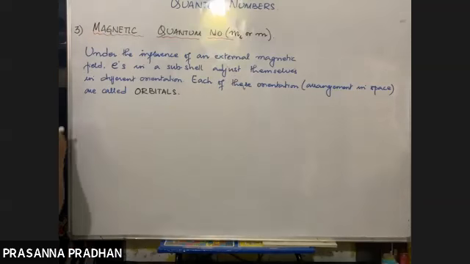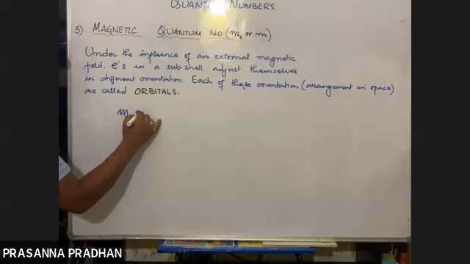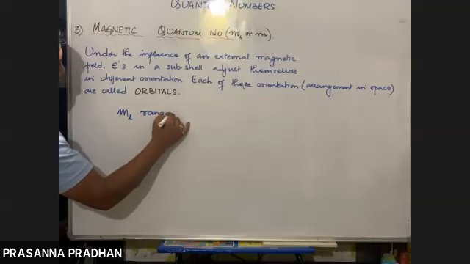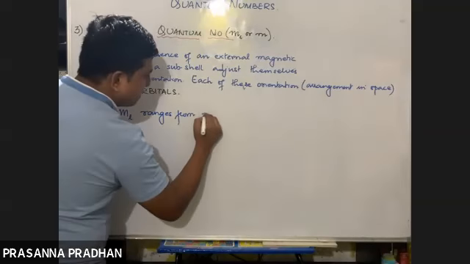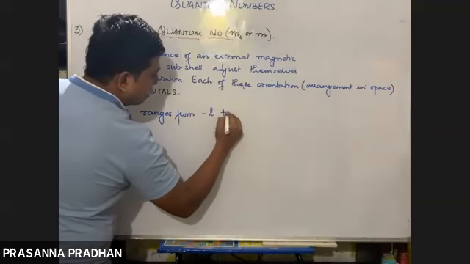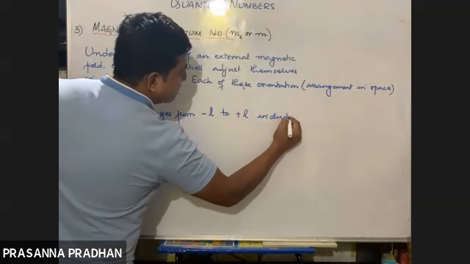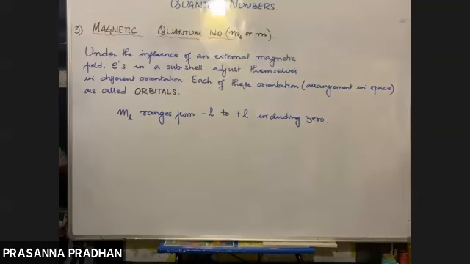Now see the value of ml. It ranges from minus L to plus L, including 0. Write it down.